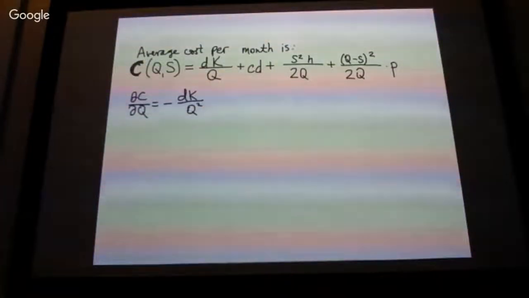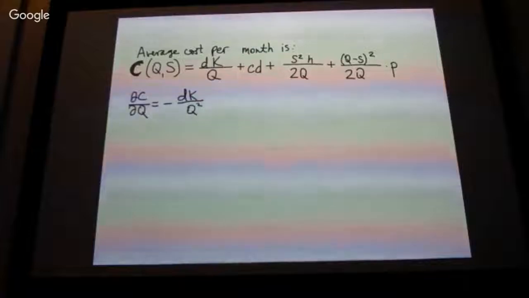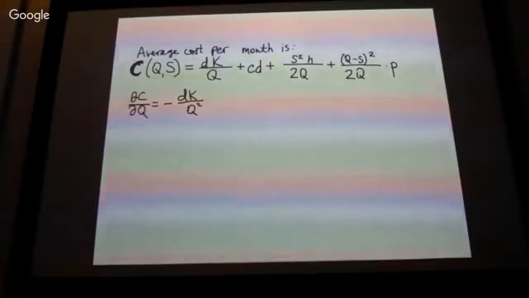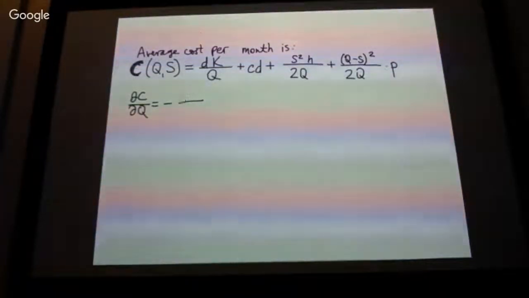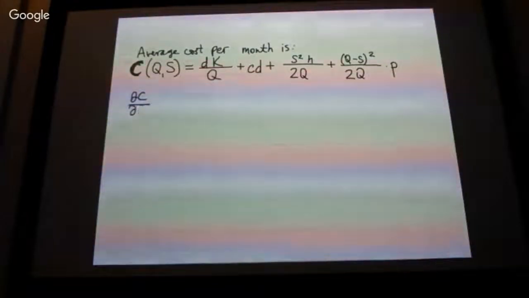Oh no, what am I doing? I've broken it. There you go. Wouldn't we substitute the square root of 2KD over h for Q? Why would we? Because we didn't last week. I'm confused as well.